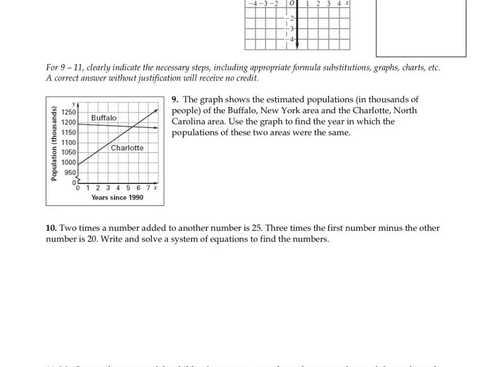So now we're going to look, okay, we want to find the year. So we can see right from the start that it's between the 5 and 6 mark on the x-axis. But the x-axis is marked by years since 1990. So if it's between the numbers 5 and 6 on the x, that would be between the years 1995 and 1996.